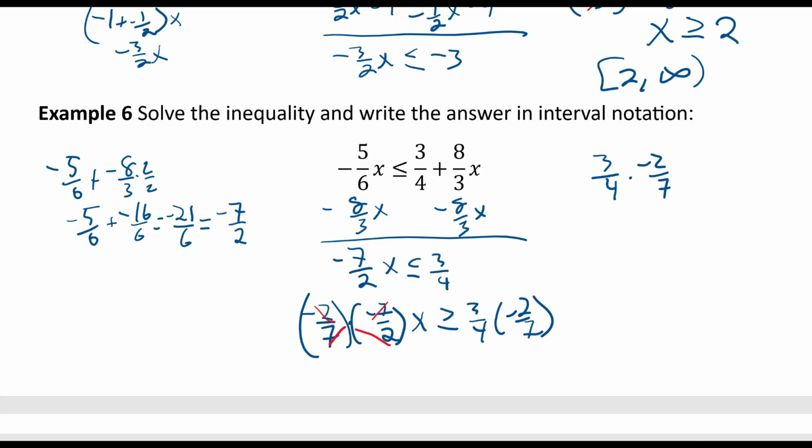And the 4 and the negative 2 reduced makes that a negative 1. So I get negative 3/7. So x is greater than or equal to negative 3/7, unless my math is off, and hopefully someone will tell me. And that would be negative 3/7 to infinity. Okay.